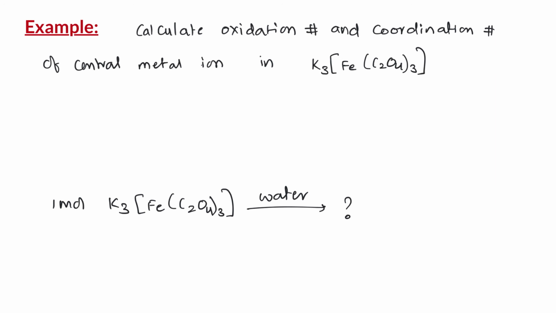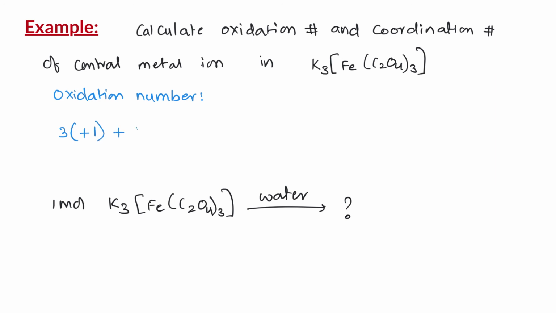Let us do an example. Identify the oxidation number and coordination number of the central metal ion in the following coordination compound. And when 1 mole of this compound is dissolved in water, what ions are produced? First, let us calculate the oxidation number of the central metal ion, which is iron. We have 3 potassiums. Each potassium has an oxidation number of +1.